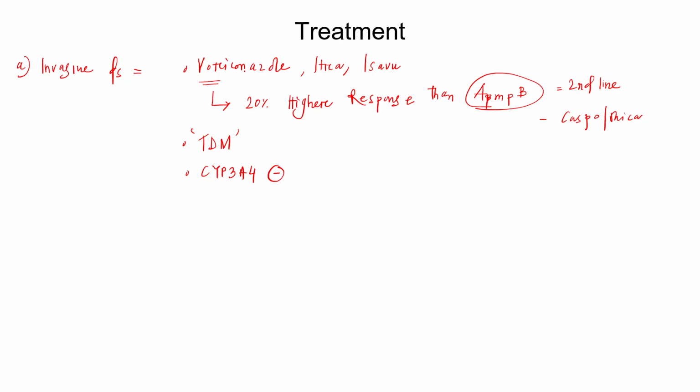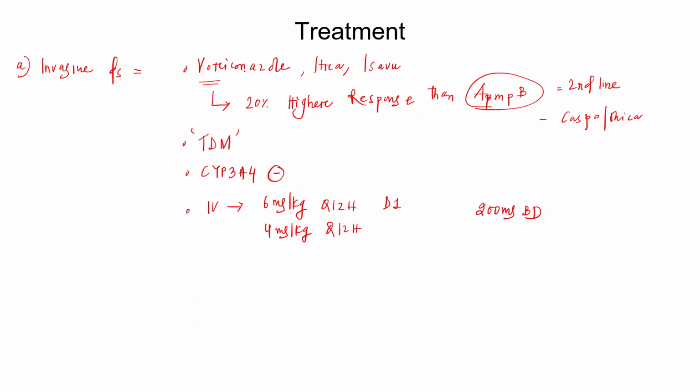Now the dosing for voriconazole: if you're using IV, start with 6 mg per kg Q12 hourly on day one as the loading dose, followed by 4 mg per kg Q12 hourly. This is the usual adult dose. If you want to use it orally, then after the loading dose, 200 mg BD has to be used.